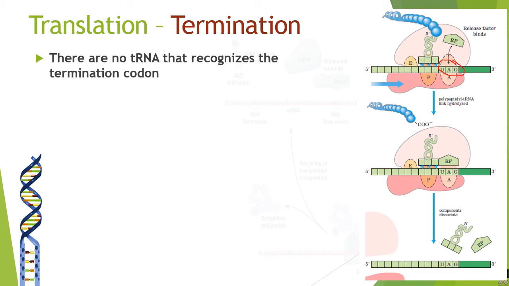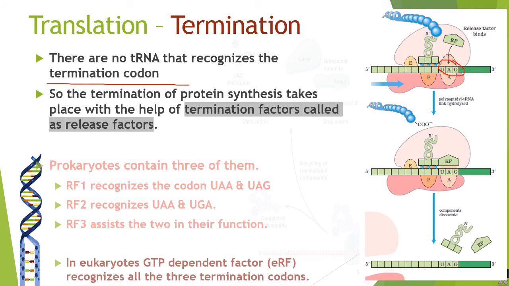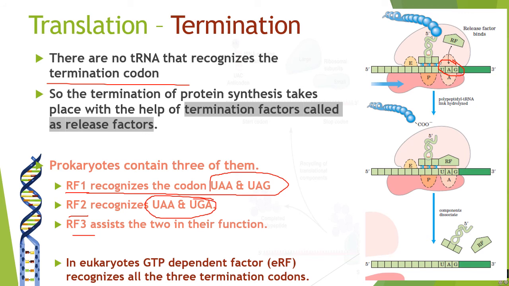But we know that there are no tRNAs which recognize the termination codons. So what happens is that there are certain factors which bring about the termination. Those are called the release factors. In prokaryotes, the release factors are of 3 different types: RF1, RF2, and RF3. RF1 recognizes 2 stop codons, and RF2 recognizes another 2 stop codons.